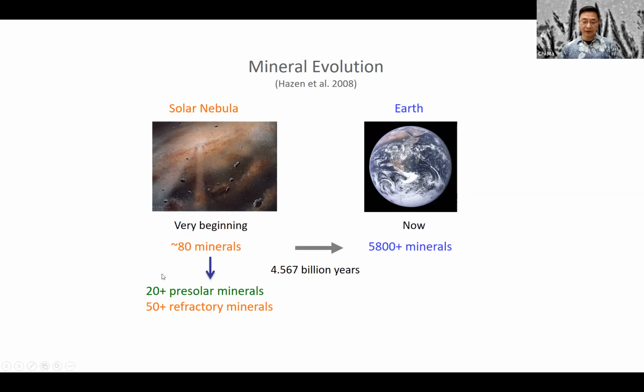They mark the very beginning of solar mineral evolution. 30 of the refractory inclusions were actually newly found since 2007, including 17 new minerals, 12 from Allende.